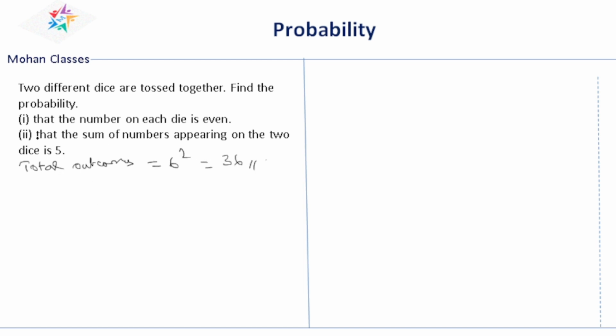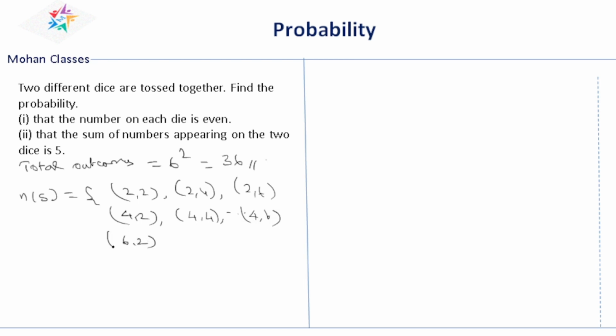Okay, the first one is the number on each die is even. So that means what are all the possible ways? 2, 2, same as what we did before. 2, 4, and then 2, 6, and then 4, 2, 4, 4, 4, 6, and then 6, 2, 6, 4, 6, 6.